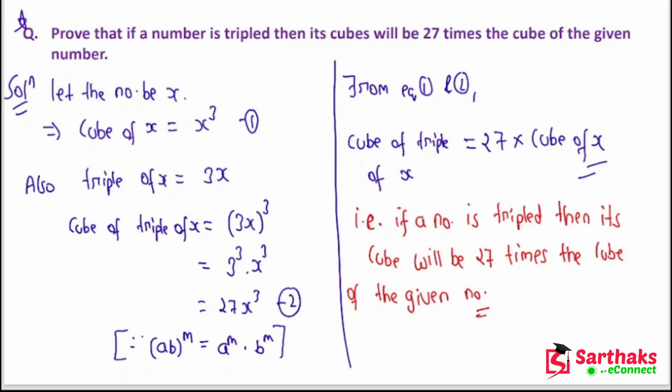So if a number is tripled, then its cube will be 27 times the cube of the given number. So we can very well verify that.